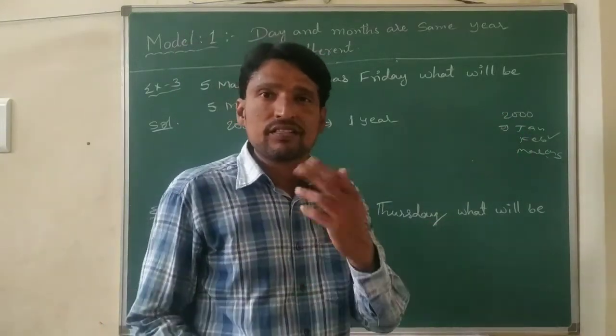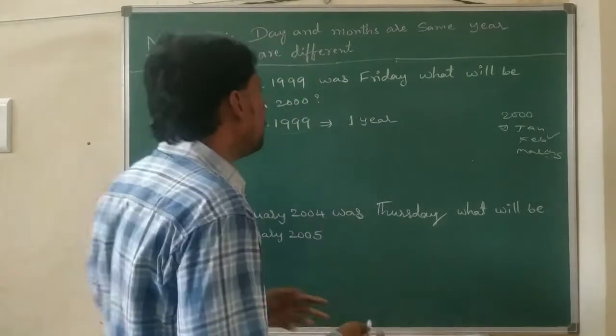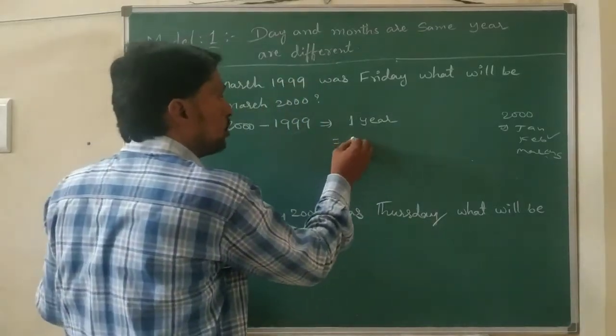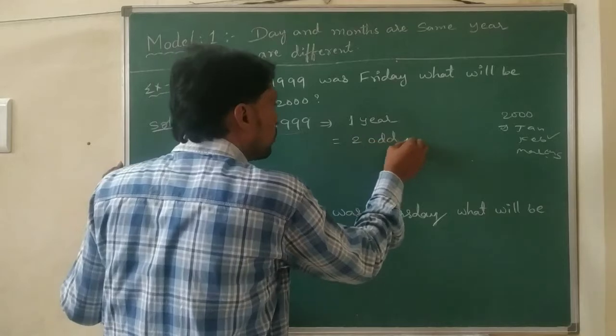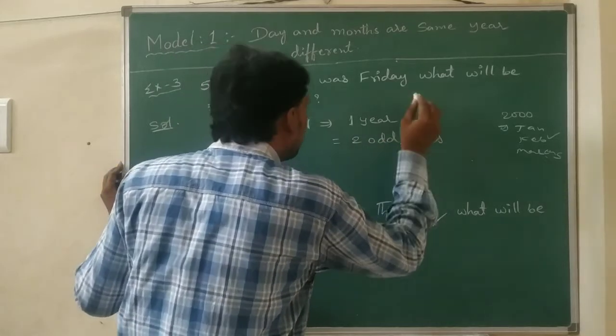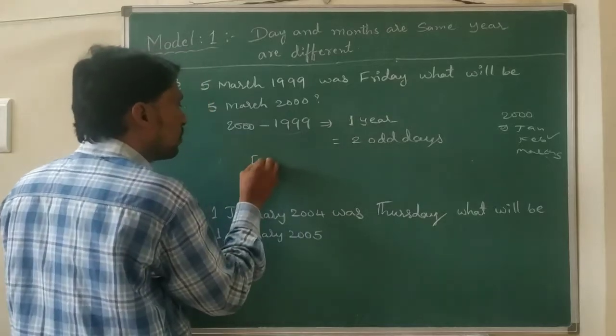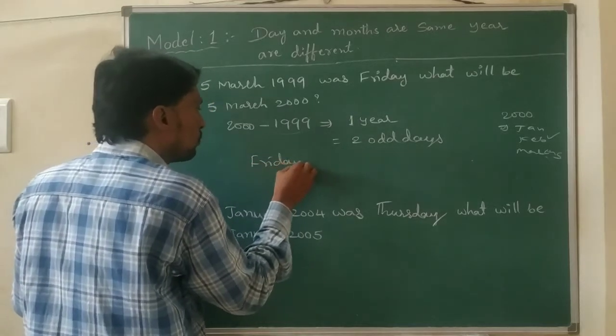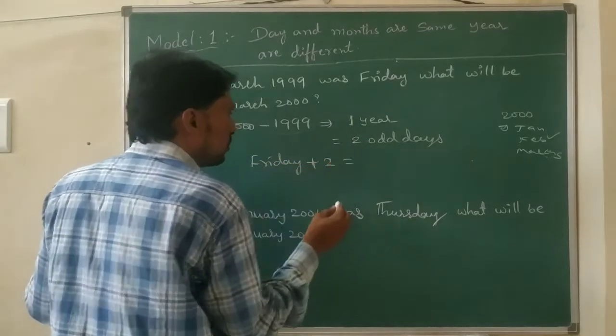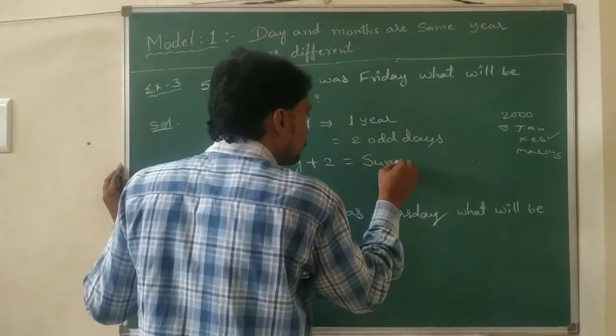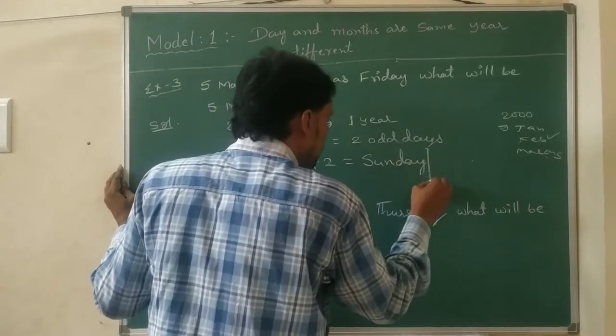February month means it is a leap year. So for the leap year we get 2 odd days. Number of odd days equals 2. 5th March 1999 was Friday, so Friday plus 2 equals Sunday.